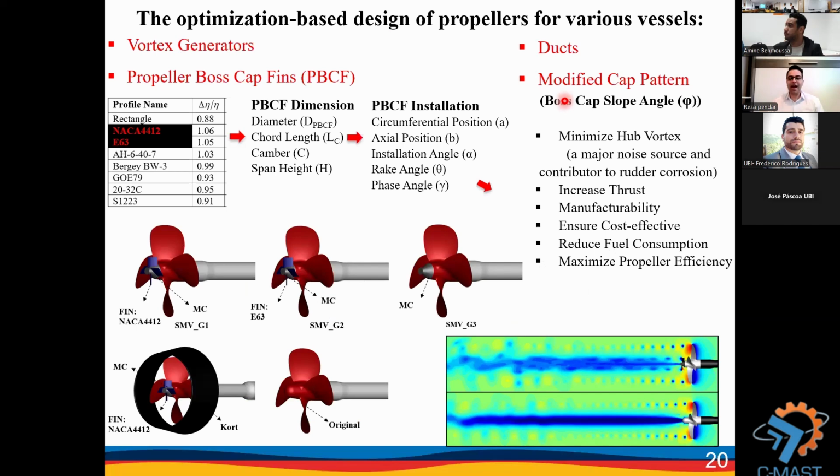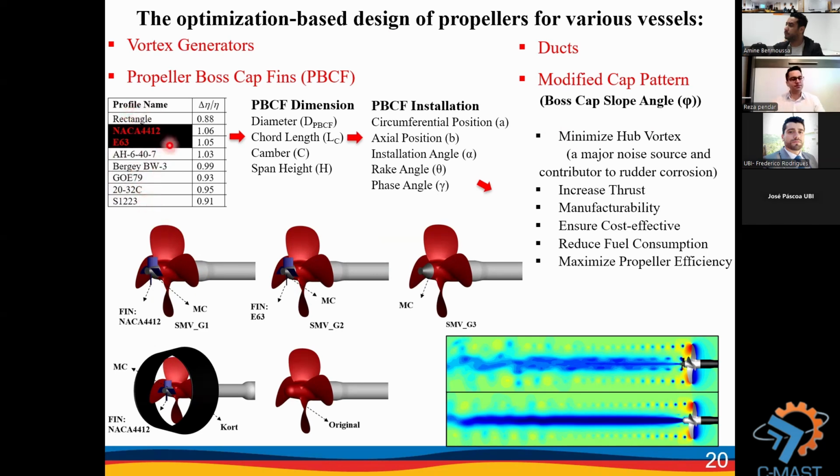What we did after deep analysis of marine vessels, we suggested adding some components over the propeller, both for large and small size propellers. We added a propeller boost cap fin, you can see here. We analyzed and considered different patterns.